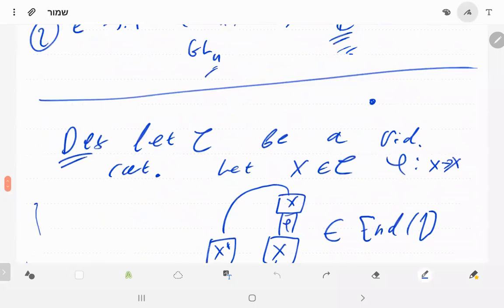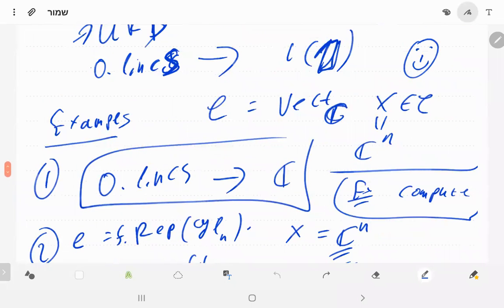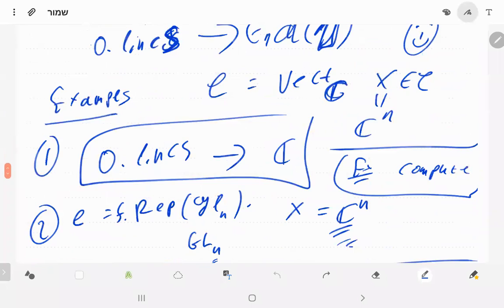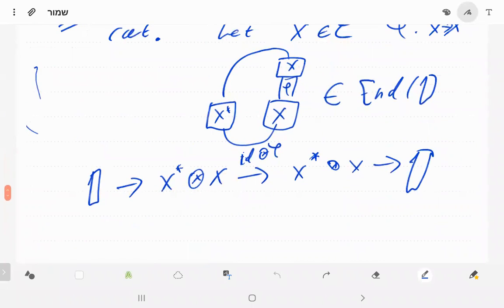Or before I wrote automorphisms, I wanted to write endomorphisms. I'm really sorry. Endomorphisms. So it's not necessarily a scalar, but in many categories, sometimes there are additional assumptions that endomorphisms of the unity is the field that you're working over, if we're talking in some additive category or something like this.